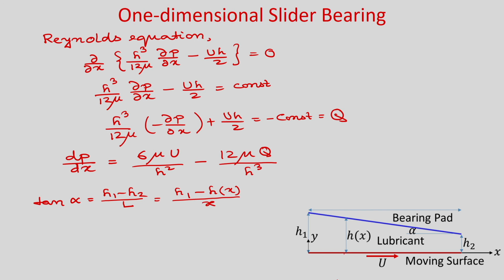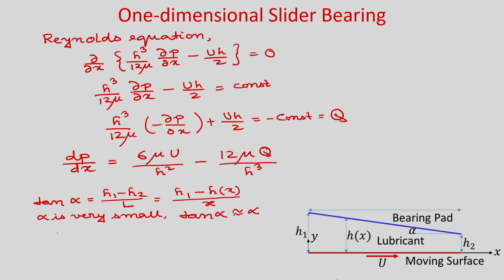So, h1 minus hx divided by x. As we know that in this particular case alpha is very small, so you can write tan alpha is equal to alpha.